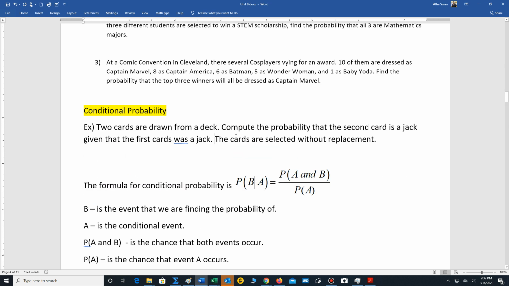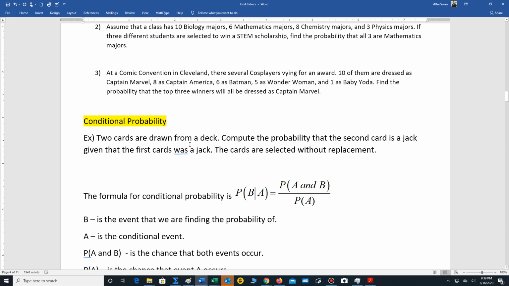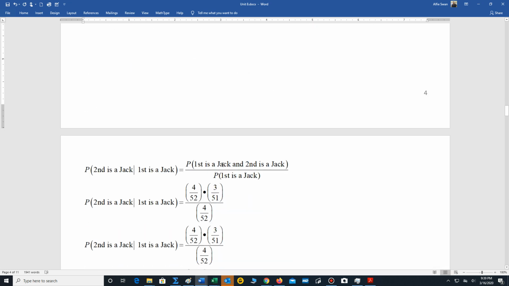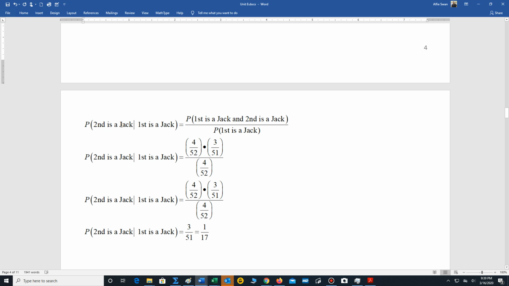Let's work out the problem that we posed at the beginning of this section. What's the chance that the second card we select is a jack, given that the first is a jack? We calculate the probability that both are jacks, divided by the probability that the first card is a jack.